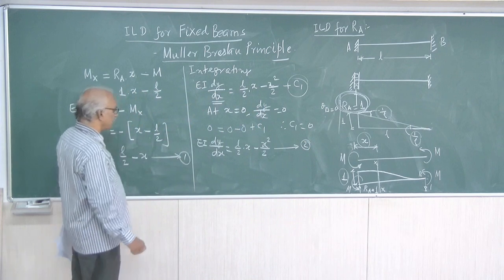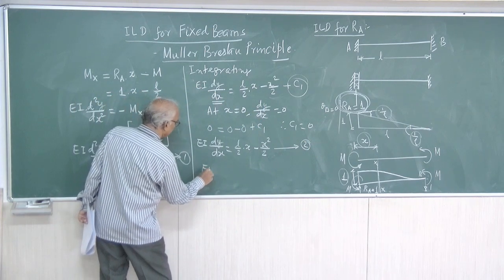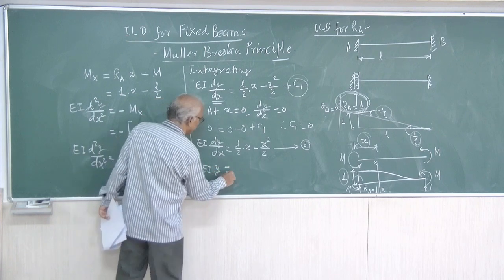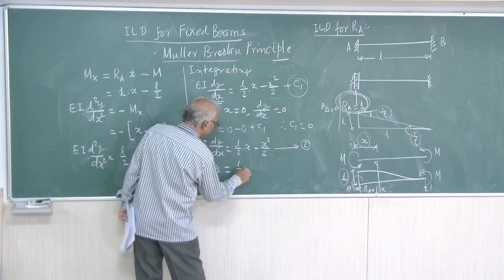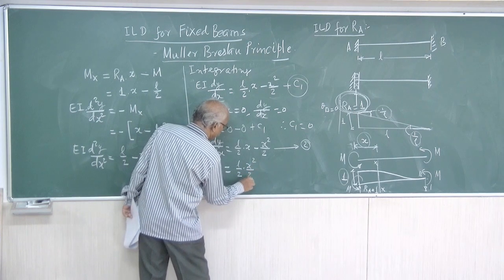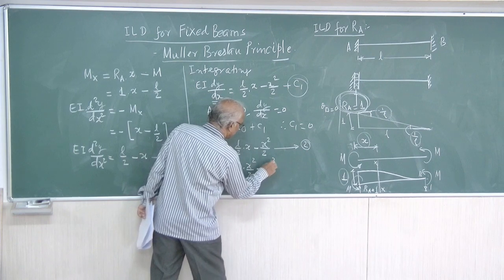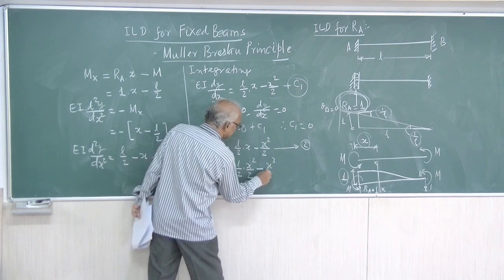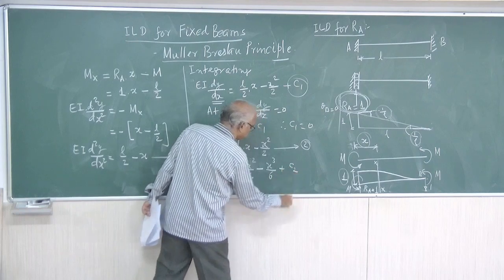Right. Now, integrating again, EI into y equals L by 2 into x square by 2 minus x cube by 6 plus C2.